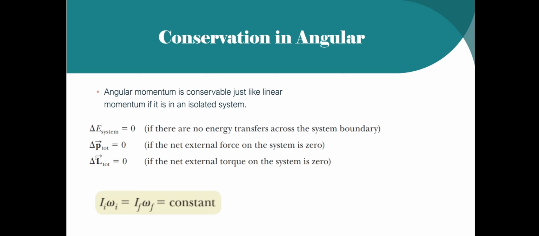If that is the case, where the total change in angular momentum comes out to be 0, then you can set it up just like any other conservation equation, where you would have I omega in the initial is equal to I omega in the final, which is just a constant number.